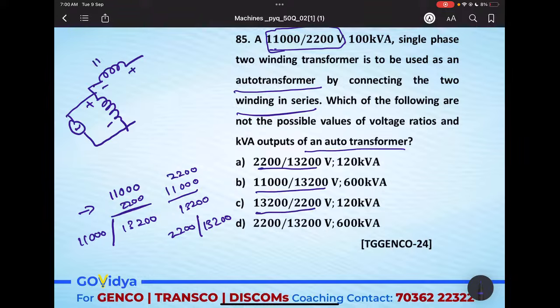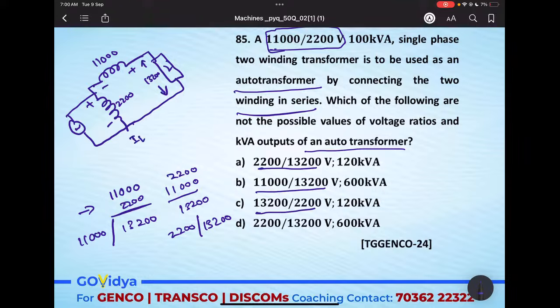The auto transformer will be like this. I have taken it as a series additive circuit. I have taken 2200 as the common winding. This will be the load. The total secondary will be 13,200. Let's calculate the current.